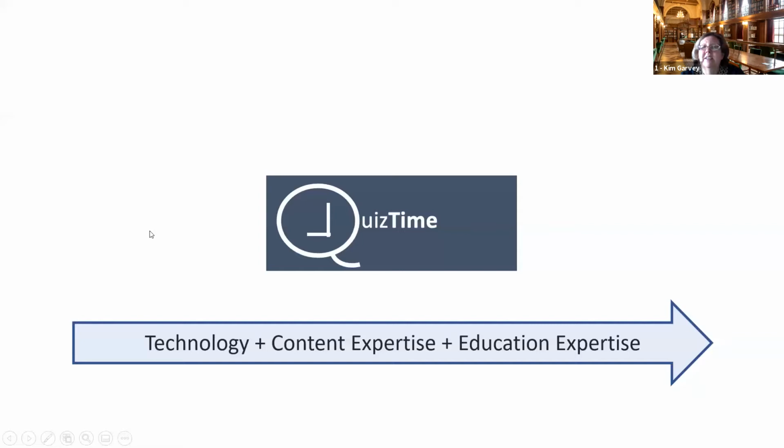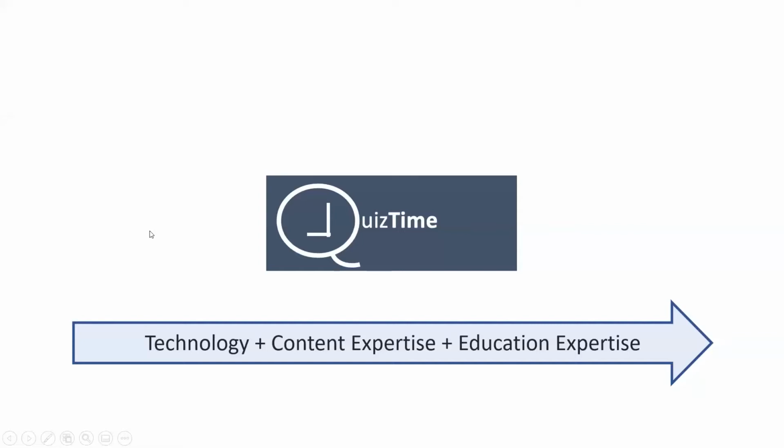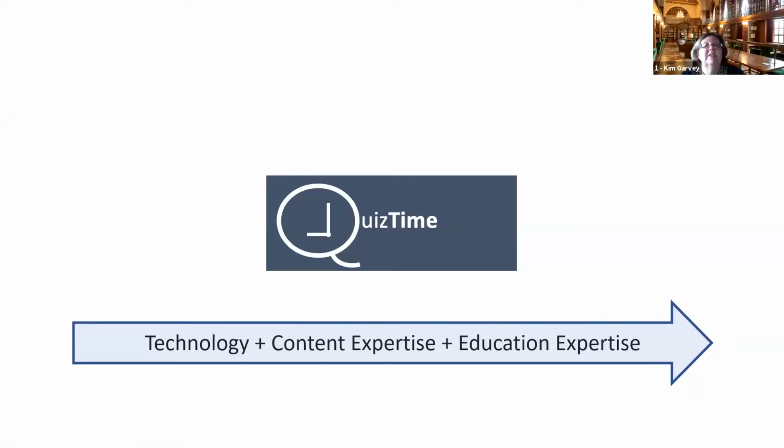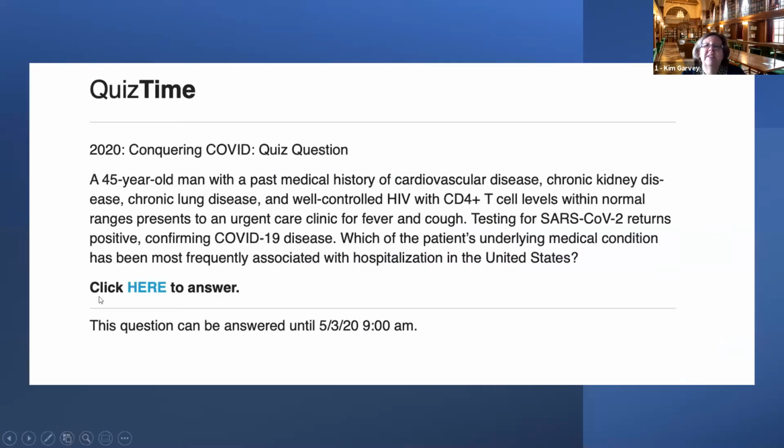We've just done it using the central learner in mind, specifically a continuing education learner. So it's a combination of some technology that we stood up, some educational expertise, and some content expertise, which we have, coming together. So with our QuizTime platform, you get more than just the technology, you get those other bits as well.